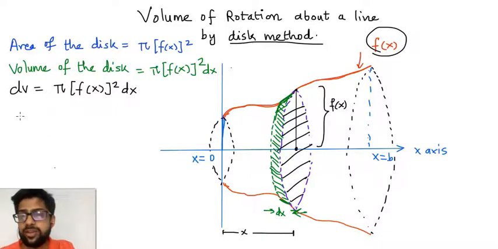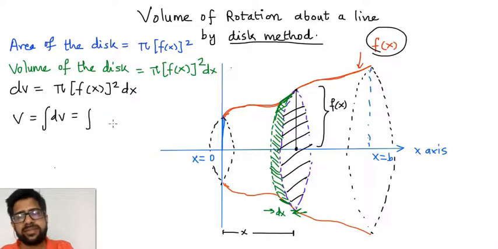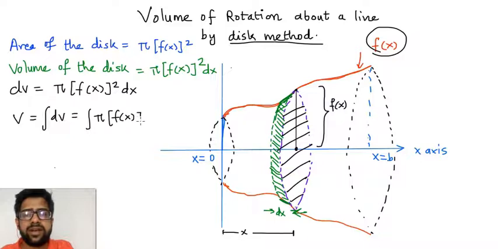And therefore using integration, now we can integrate for the entire graph, which will calculate the total volume of this figure. So v will be the integration of dv, and this integration of dv is basically pi times f of x square dx, and the limits are going to be from the initial point to the final point.